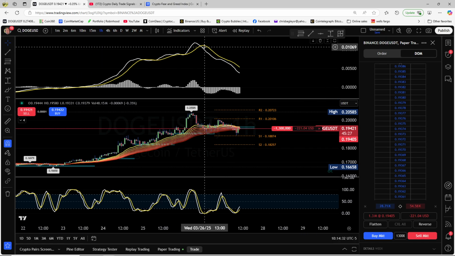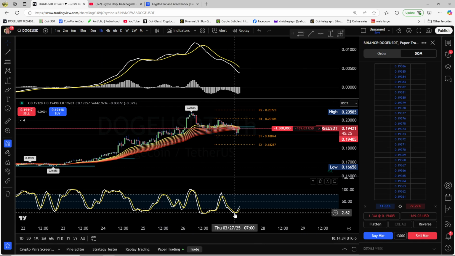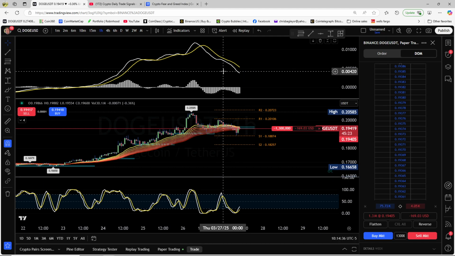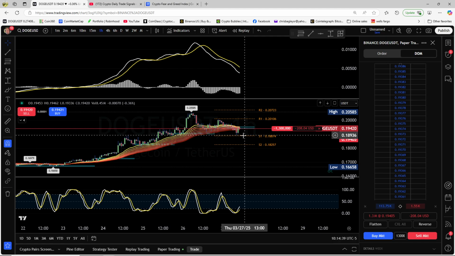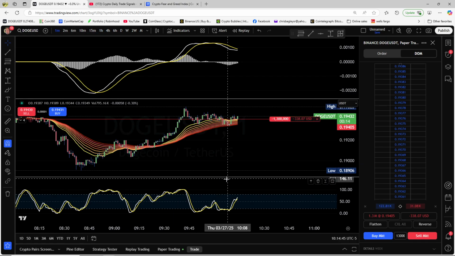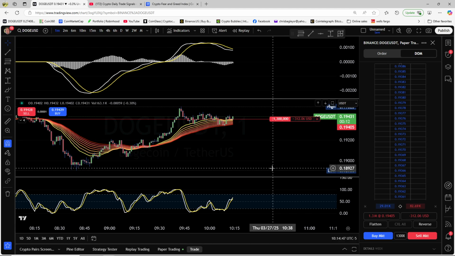Yeah, 1 hour time frame. You can see we're coming down on the IMACD and going up with the stochastic. So we're just trading in a range sideways. That's why we're having such a hard time.